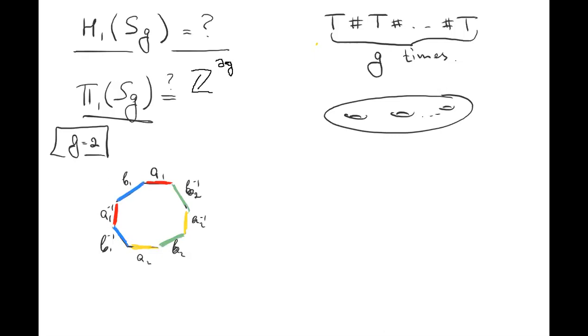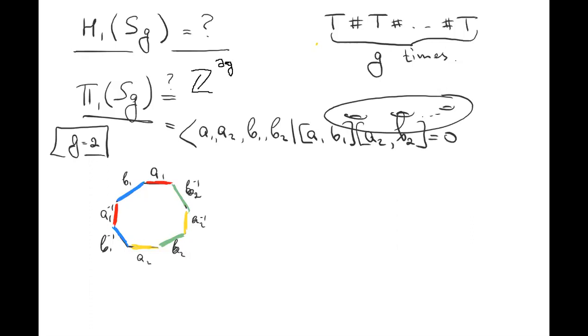So pi1 is a group with 4 generators, namely A1, A2, B1, B2, and the relation: the product A1, B1, A2, and so on must be trivial. Okay, is it clear?